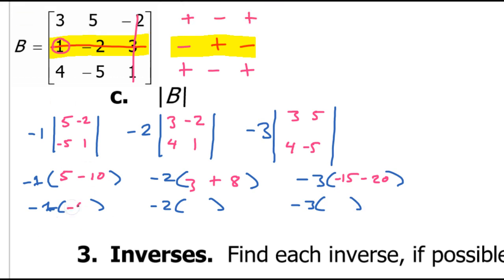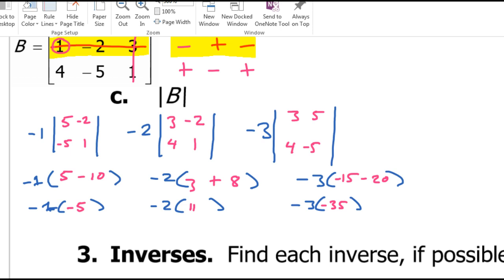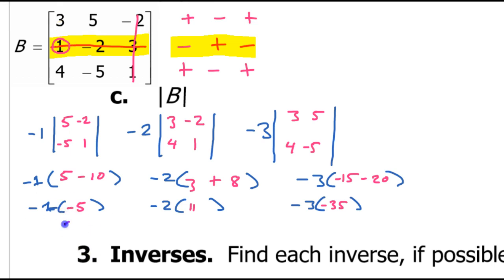All right, so of course that's going to give me negative 5, 11, and negative 35. What's that going to be?